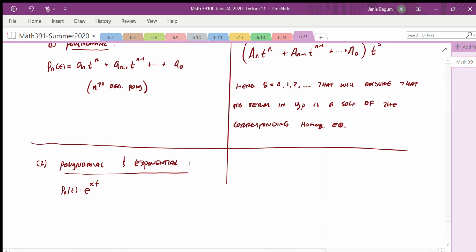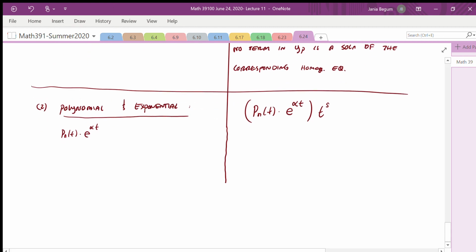So if that's the case, that means the yp that we're going to guess has to match up with this form of g of t. So you're going to need a polynomial of the nth degree to match it up, and you'll need an exponential to the alpha t. So your yp has to be a polynomial of nth degree times exponential to the alpha t. And to modify this, again, we do t to the s power to make it different from the homogeneous case. Same explanation.